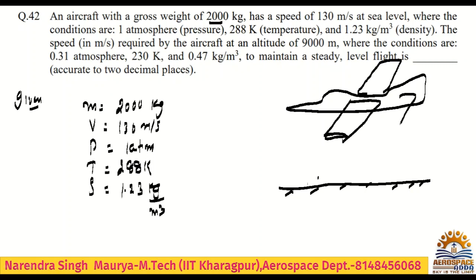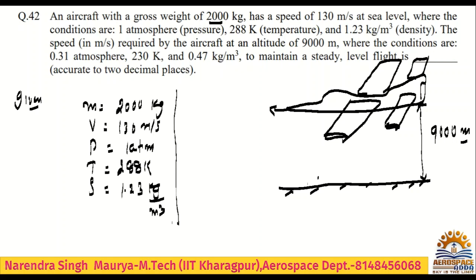Okay, all right. So this aircraft is flying at altitude, and that altitude is 9,000 meter, all right. And here they have given all values. This is the one condition.